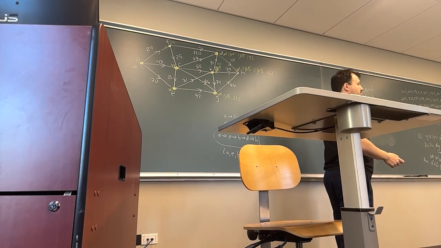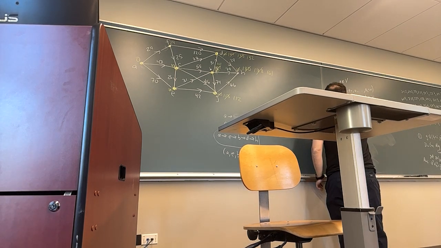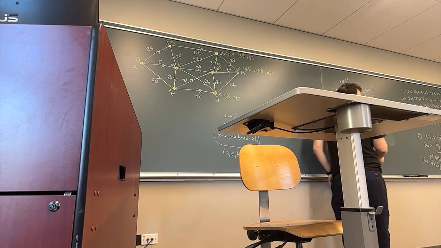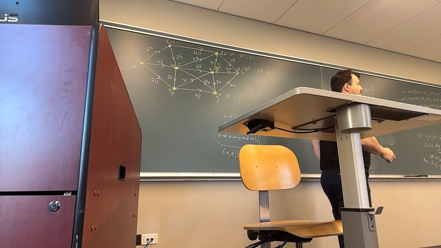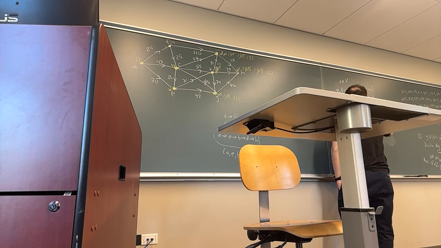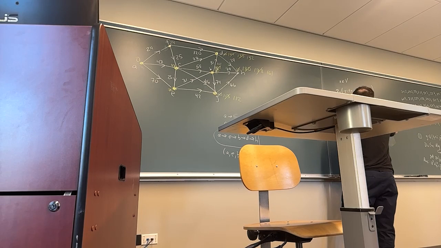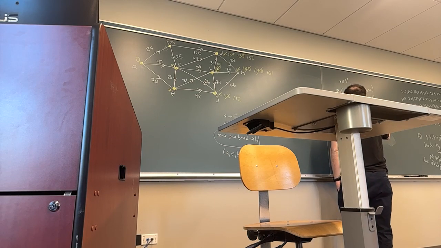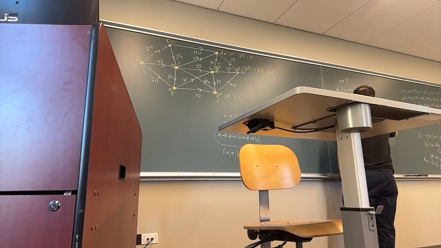And so then, for every integer j between 0 and t, u0, u1, up to uj is the shortest path from R to uj.